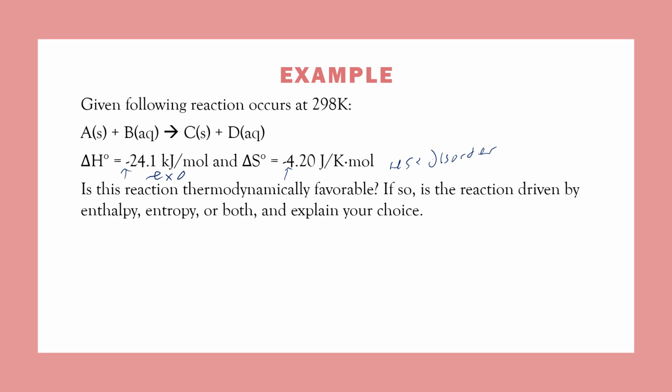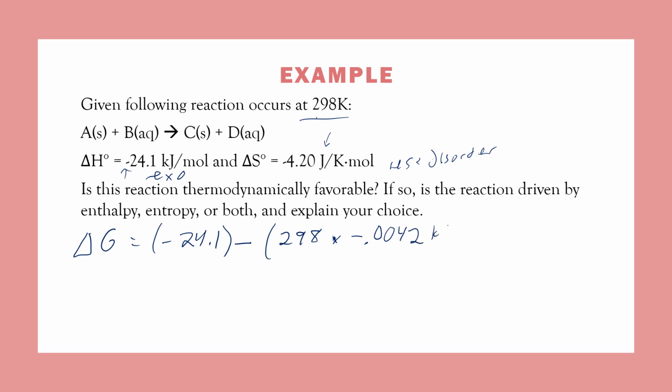Okay. So let's see if 298 is a low enough temperature by plugging it into the equation. Delta G equals delta H minus the temperature, which is 298, times delta S. But remember that your entropy must be changed to kilojoules. So times negative 0.0042 kilojoules per mole Kelvin.